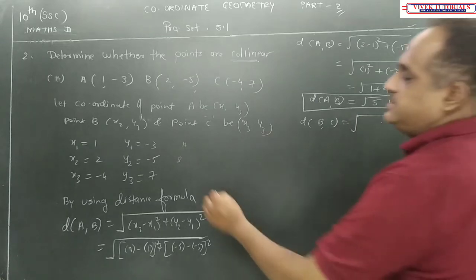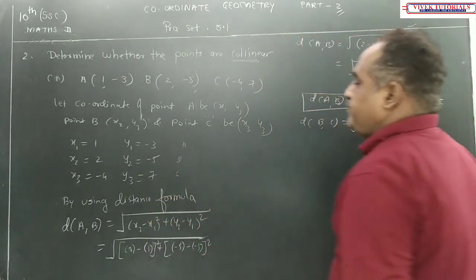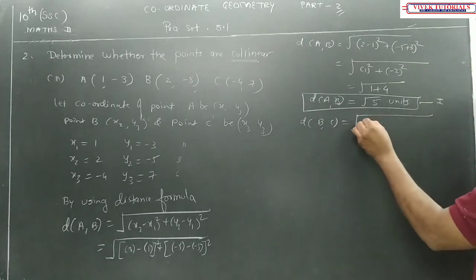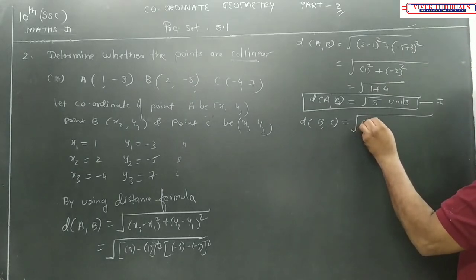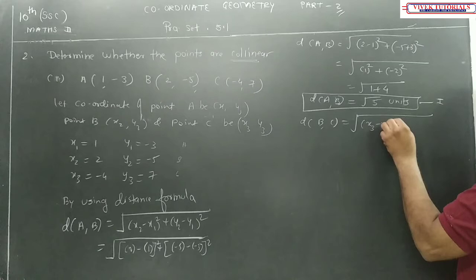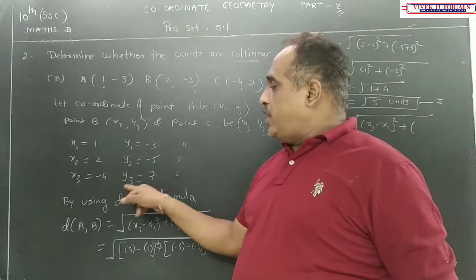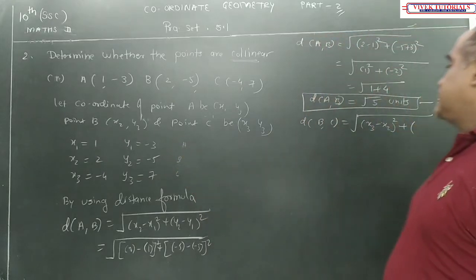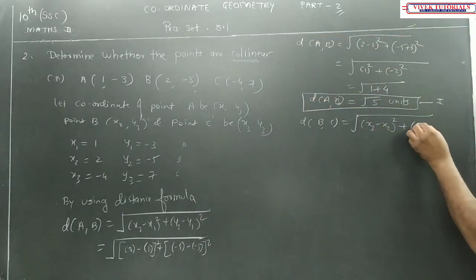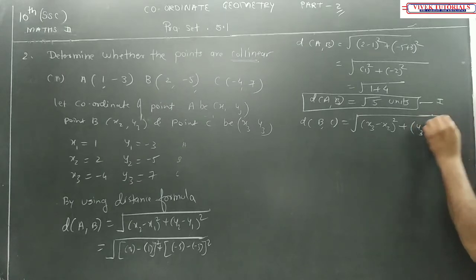Now we are going to consider these 2 points, B and C. So I am going to make use of x3 minus x2 the whole square, because we have taken x3 and x2, and y3 minus y2 the whole square.